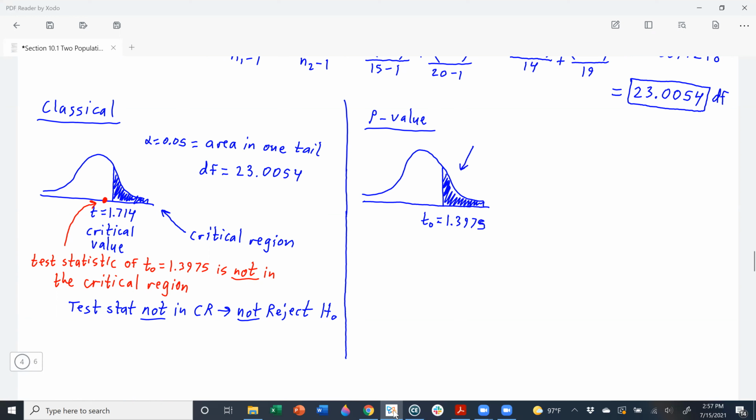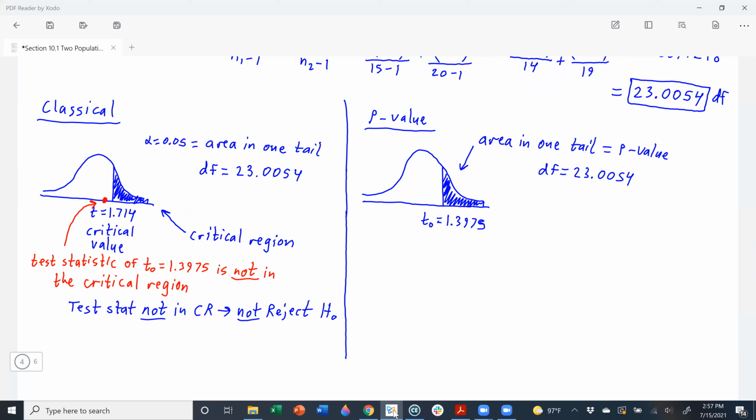Okay, so right in there, the area in one tail is going to equal the p-value. Okay, and we still need to be considering that degrees of freedom of the 23.0054.